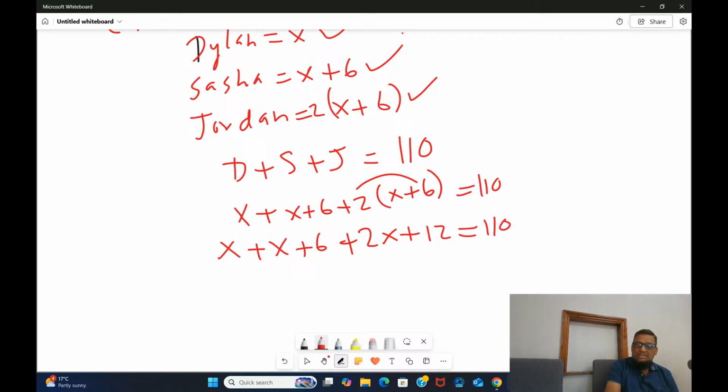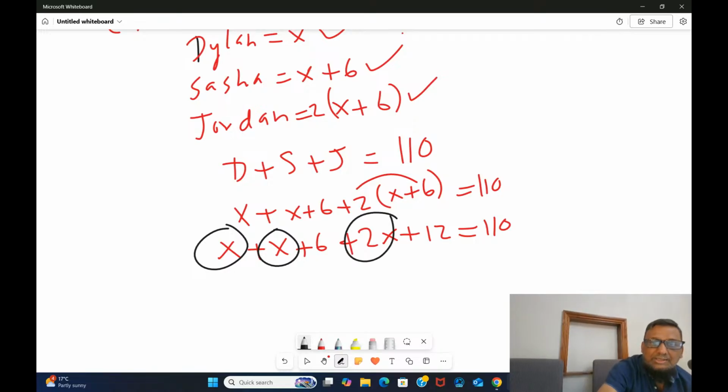Now you can collect the like terms here. X, X, and 2X, so it means how many X? 4X. Now 6 plus 12 is going to be 18, and equal to 110.